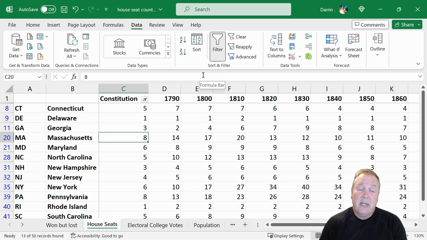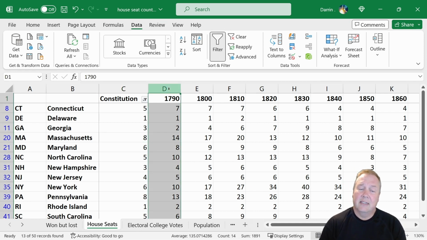If you look on the screen here, you see that under the Constitution, they actually created a number of electoral votes initially until they could complete the first census. Then the first census came along in 1790, and that's when the states were actually allocated votes purely based on the actual population according to the census.